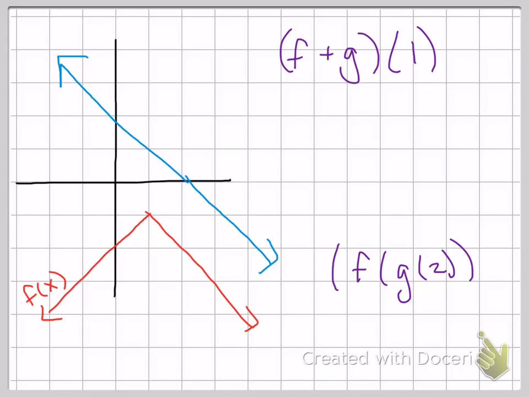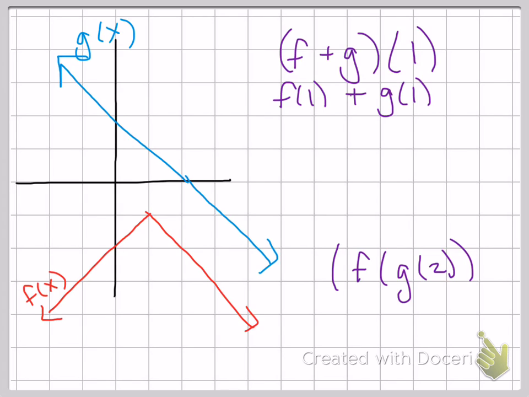So one last problem, and it's kind of like an abstract type of problem, so I forgot to label this. So the blue one is our g of x function, and the red one is our f of x function. So we're going to use the picture. This is a different way to write it, so notice they put f plus g of 1. So this means essentially I'm going to find f of 1 and g of 1, and then I'm adding those results together.